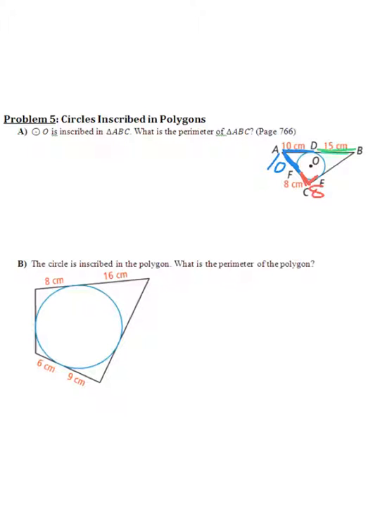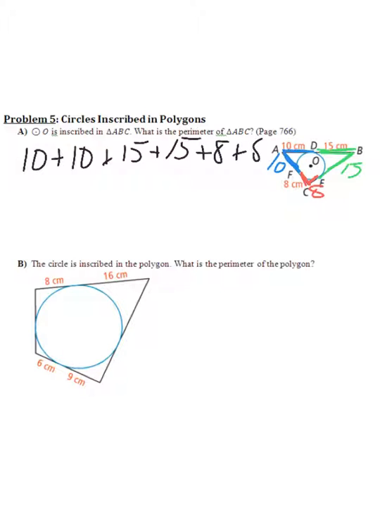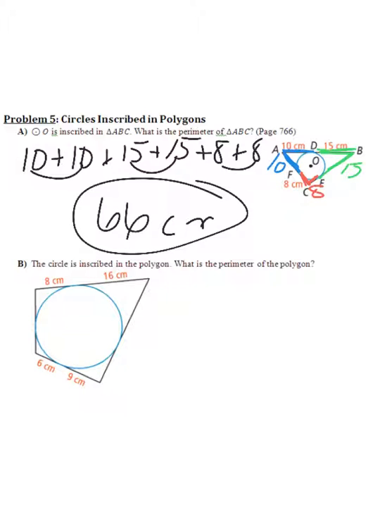We've got a distance of 15, so we'll have another distance of 15 here. So our perimeter is 10 plus 10, plus 15 plus 15, plus 8 plus 8. So we've got 20 plus 30 plus 16. 20 plus 30 is 50, plus 16. The distance should be 66 centimeters.